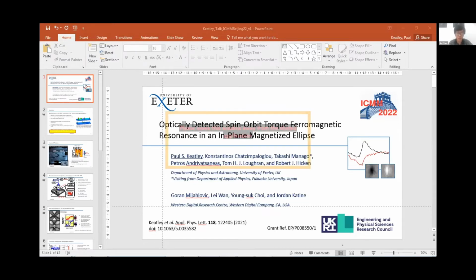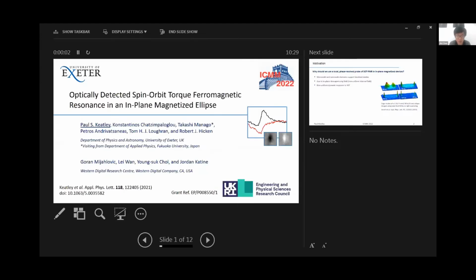Okay, can you hear me? Yes, I can hear you. Excellent. Our next speaker is Dr. Paul Keatley from the University of Exeter. The title of the talk is Optically Detected Spin Orbit Torque Ferromagnetic Resonance in an In-Plane Magnetized Ellipse.